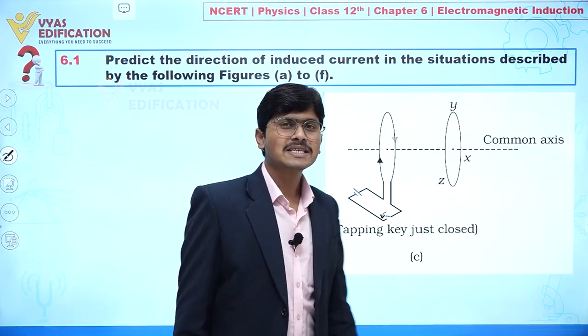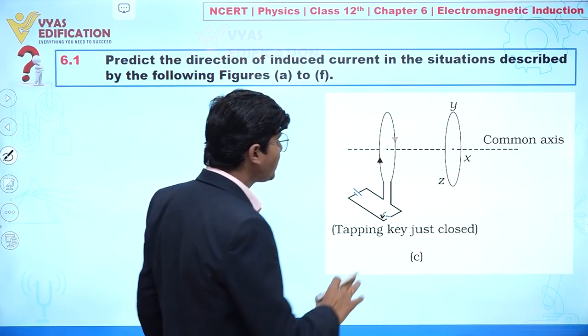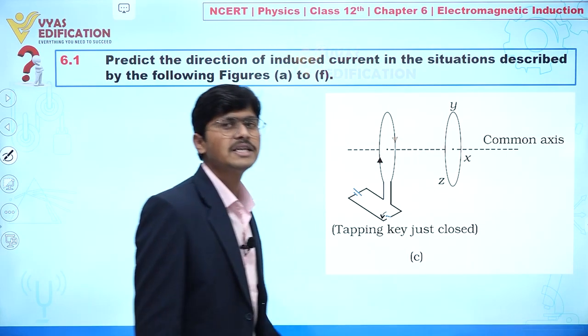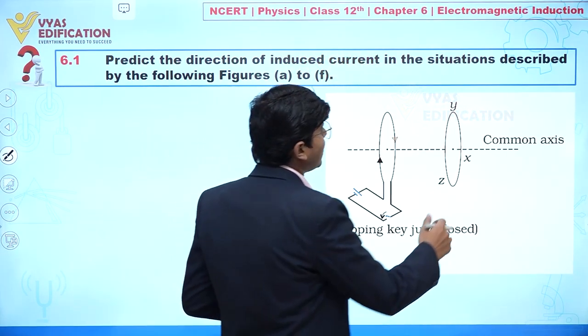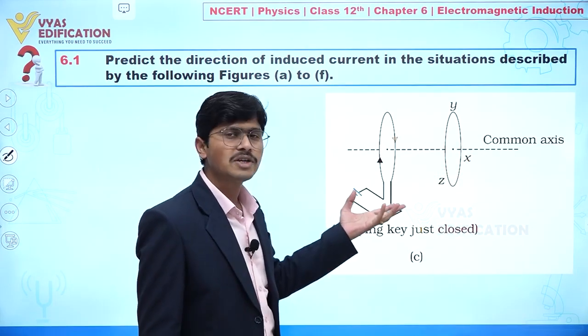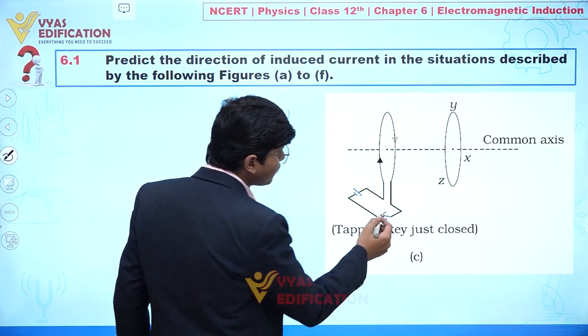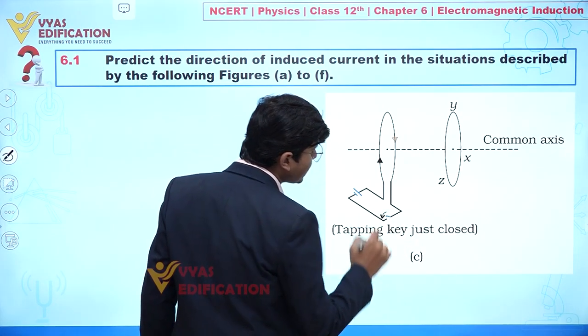Now we are going to discuss case number C. In this case it is given that the tapping key is just closed. Initially we are assuming here we have a coil, and we do not have any relative motion, but it is given that first this tapping key is open.